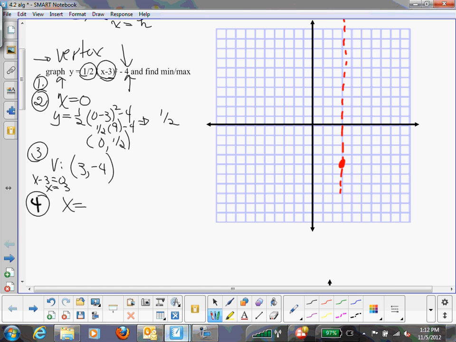What is my axis of symmetry equal to as an equation of a line? X equals 3. It has to go through the vertex. And it's a vertical line, so it's x equals.